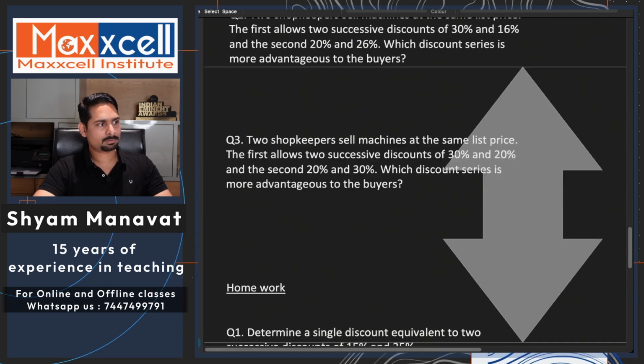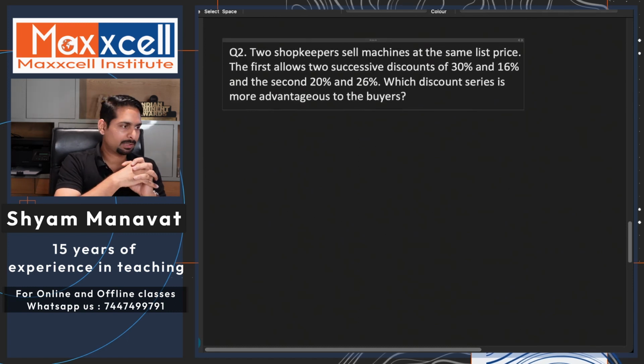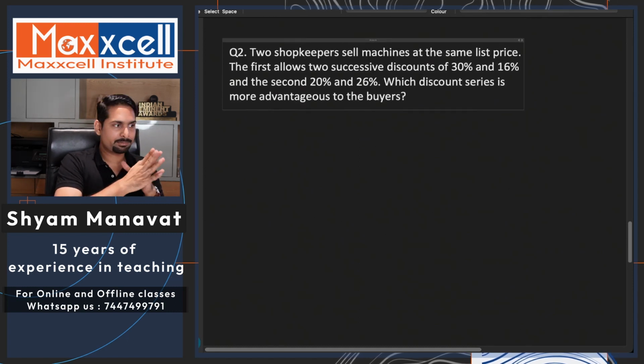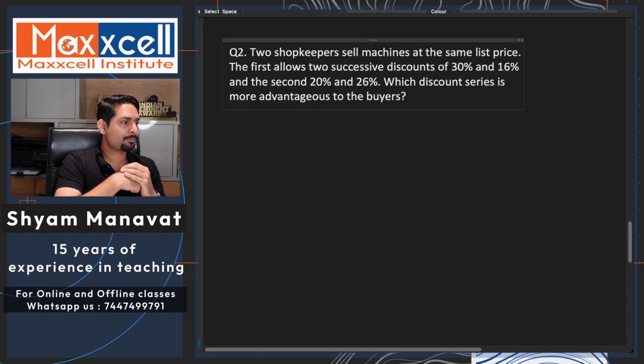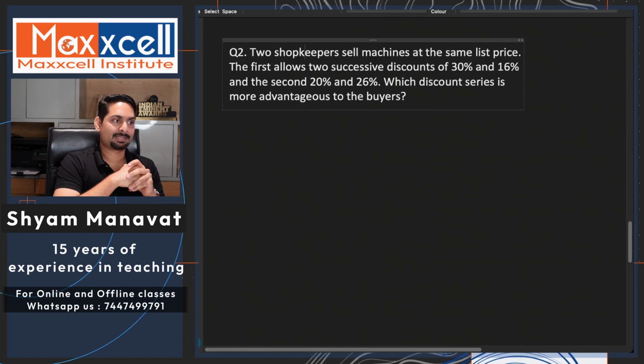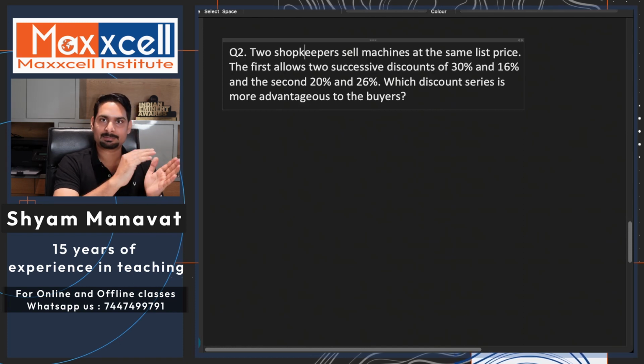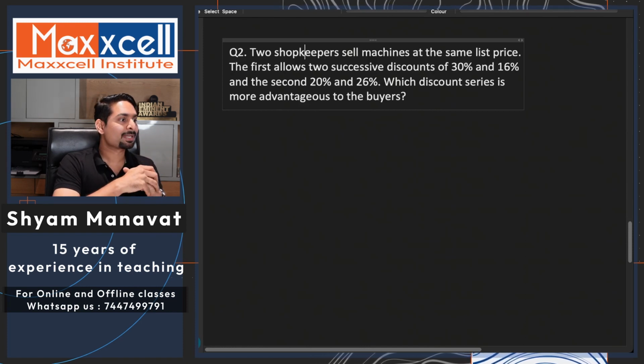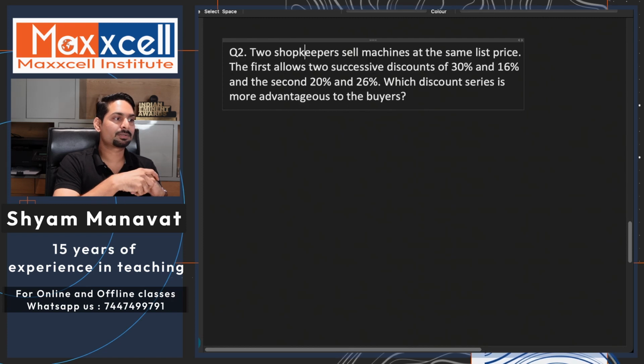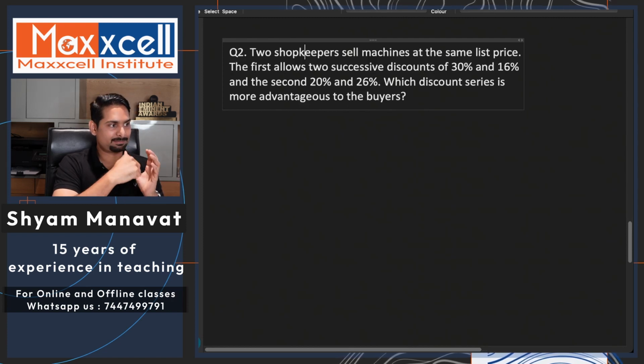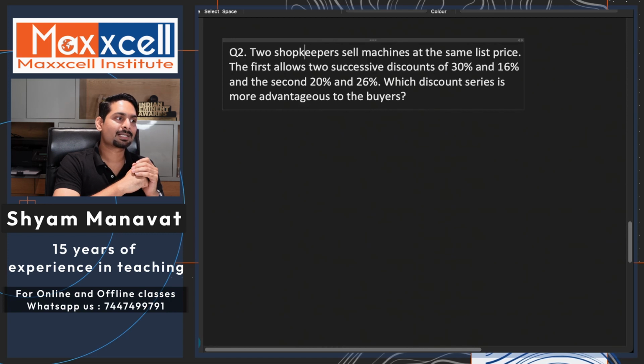If you understood the first question in another example, then pause this video and try to answer this question. The question says, two shopkeepers sell machines at the same list price. List price means mark price; they are one and the same thing. The first allows successive discounts of 30% plus 16%, and the second allows 20% and 26%.